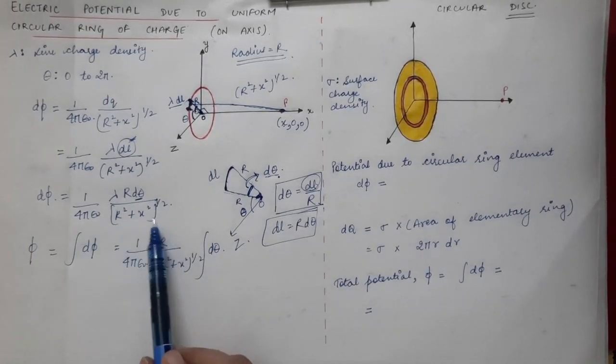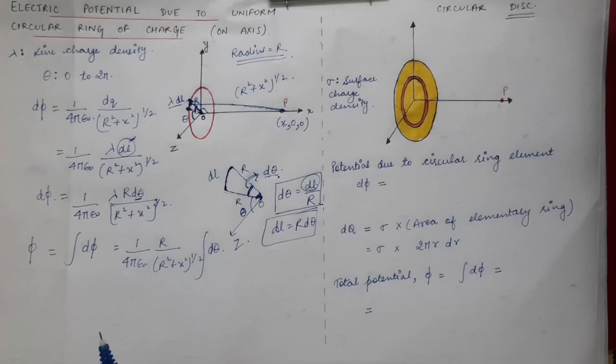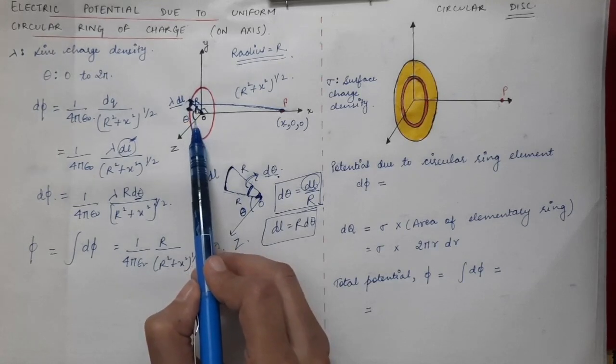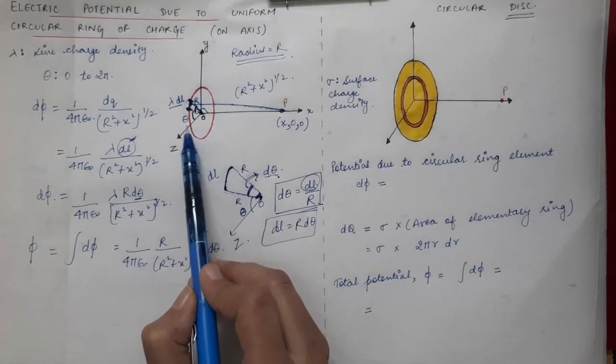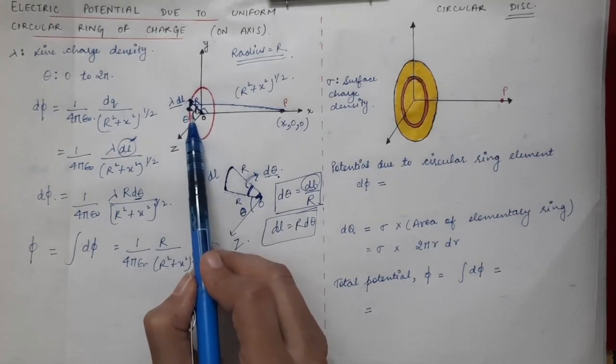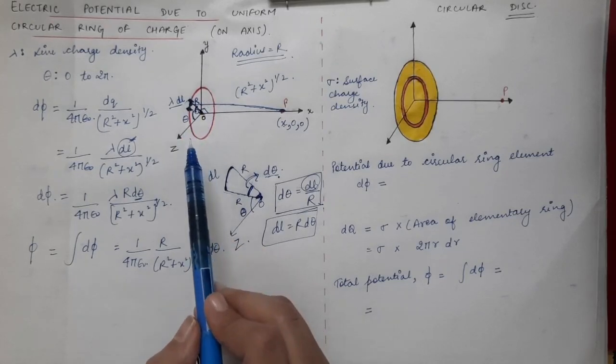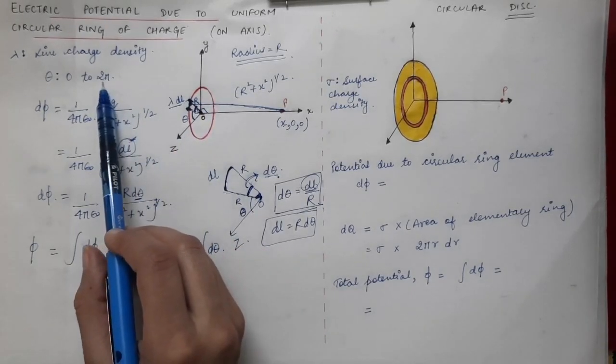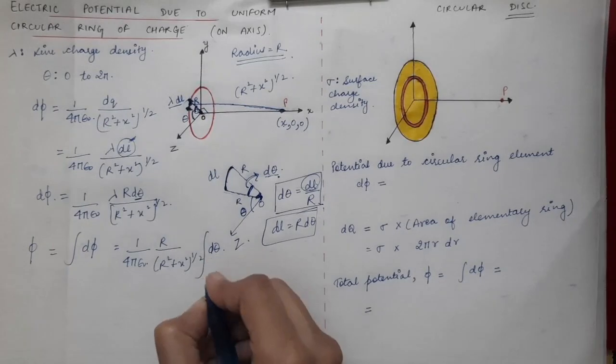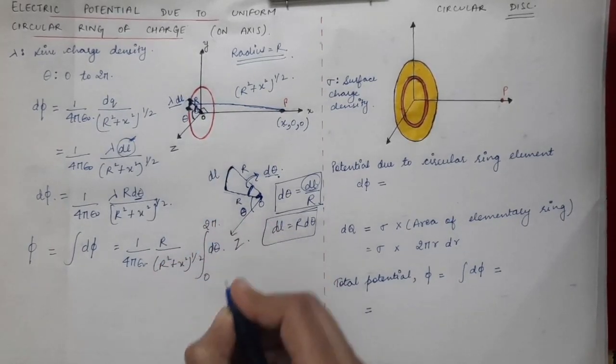All terms except d theta can be taken outside the integral because all these are constants. And what are the limits of theta? The minimum angle which can be made is 0 and the maximum angle which can be made is 2 pi, which is nothing but 360 degrees. So theta will vary from 0 to 2 pi.